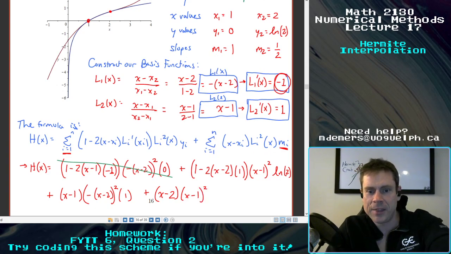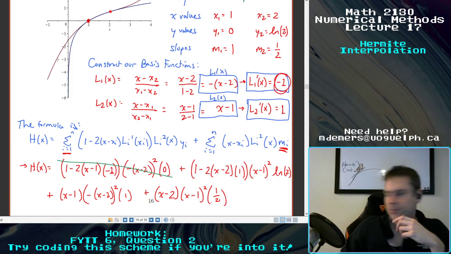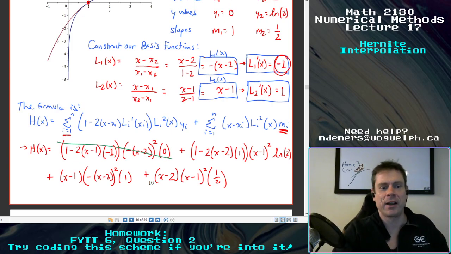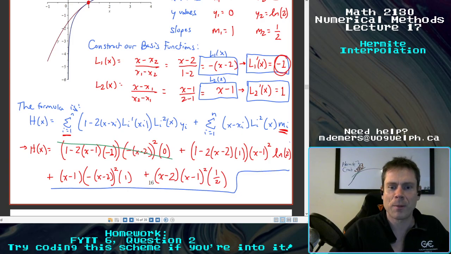I need to multiply that by that same slope value m2, and m2 is going to be 1/2. Like that. Phew. So I'm not going to bother to collapse this down, but you can kind of see how this is going to work out. We end up with this quantity right here, these three terms that remain added together.